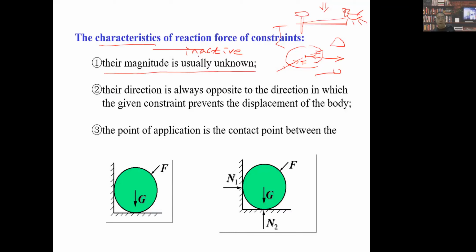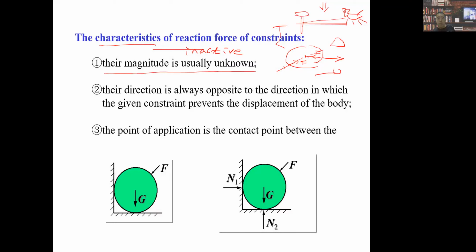So we find the reaction force, first, its magnitude is usually unknown. Second, its direction is always opposite to the direction in which the given constraint prevents the displacement of the body. Actually, you can see this reaction force can be along any direction around this circle, because the direction totally depends on the active force, right?